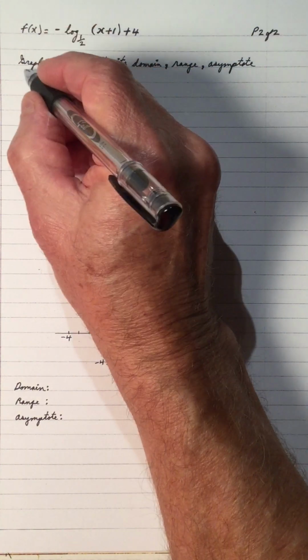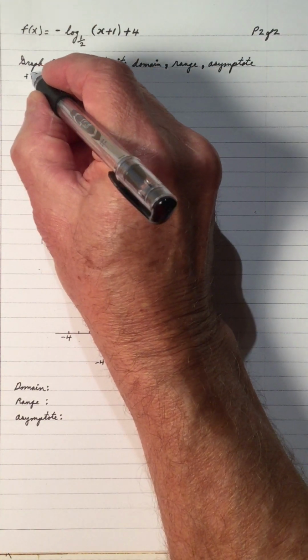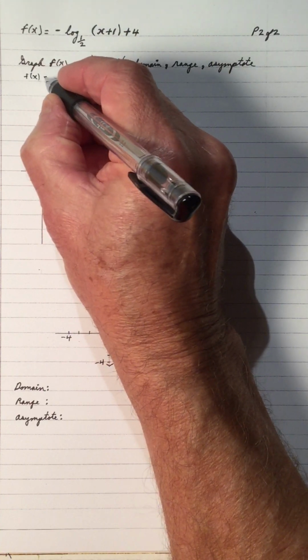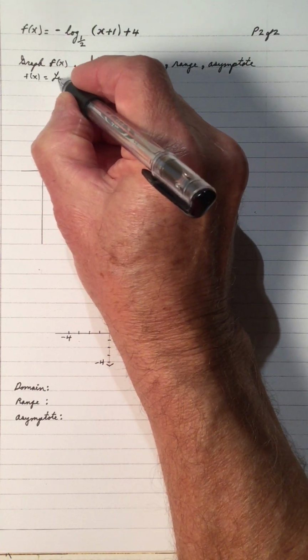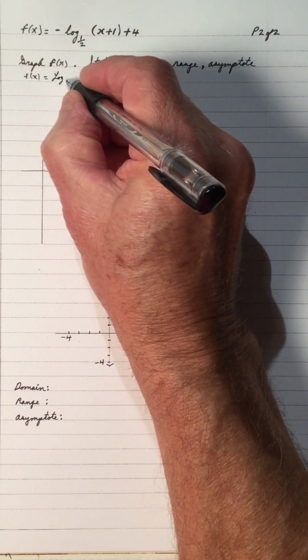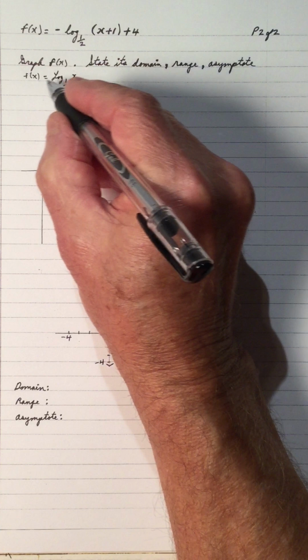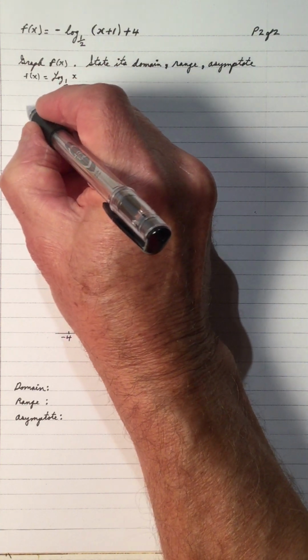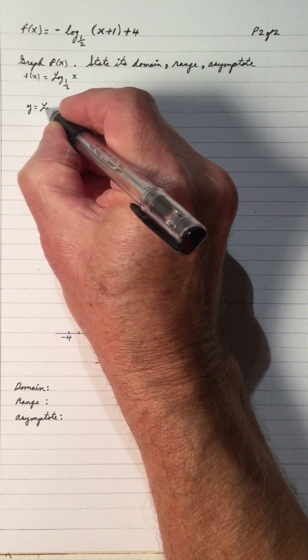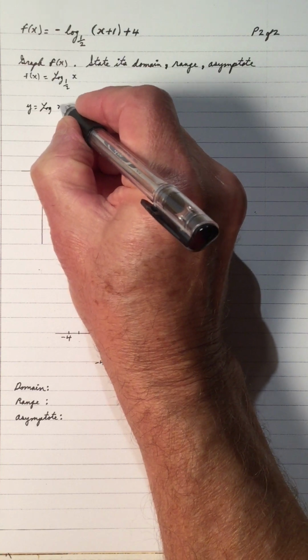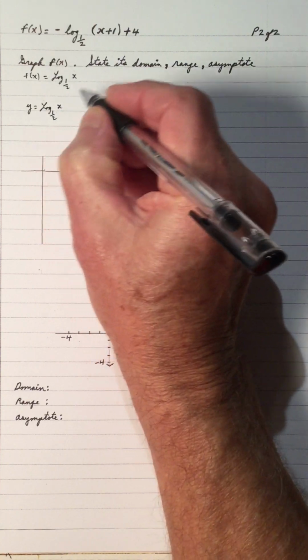We'll do the basic equation for log. The basic equation, the base is a half, and we'll have an x. So this graph, the f of x is a y, so it's y equals log x base of a half.